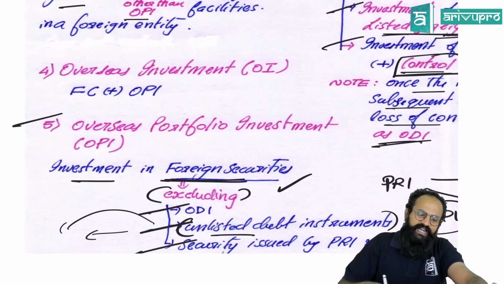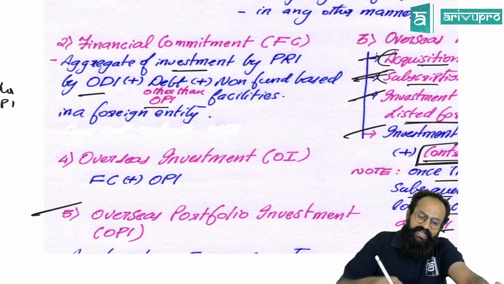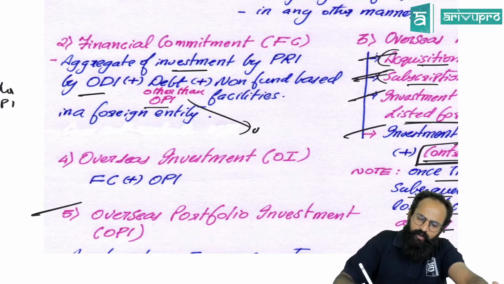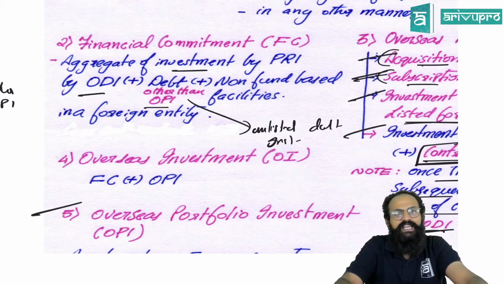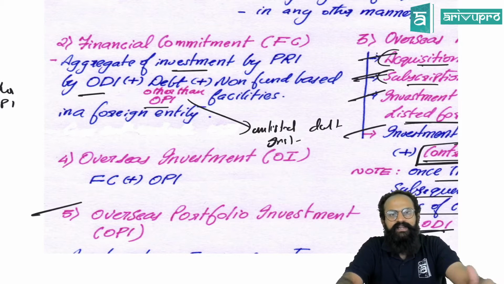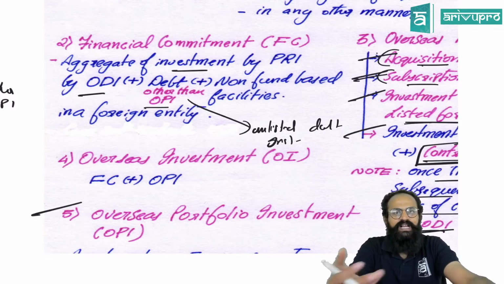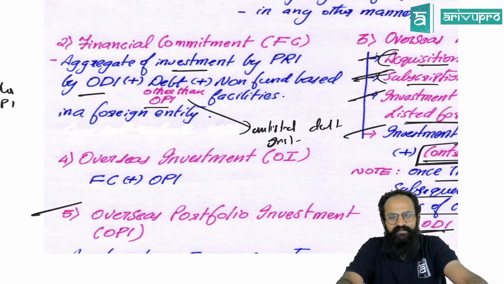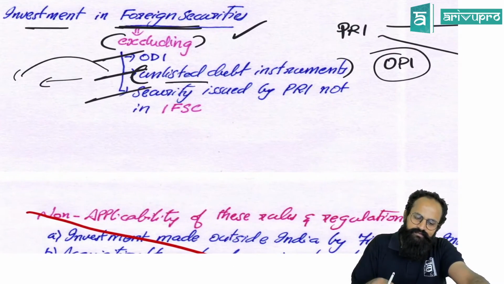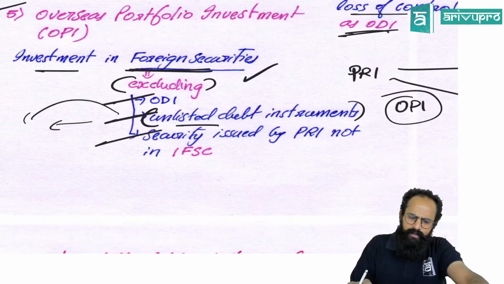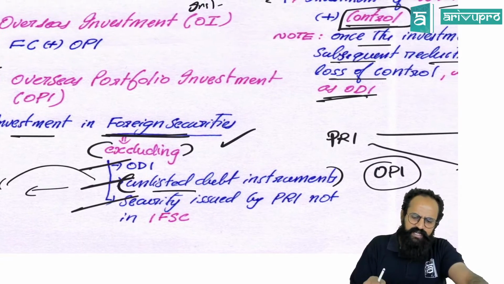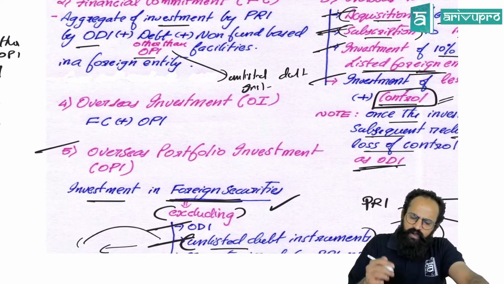So they are telling you that in financial commitment, debt other than OPI means unlisted debt instruments. Understood? Because they have clearly told, right? It doesn't come under the definition of OPI, so it will come under FC. That's all. Understood? Yes, okay. Securities issued by a PRI, not in IFSC. We'll see that. Okay, now we got to know what is OPI.